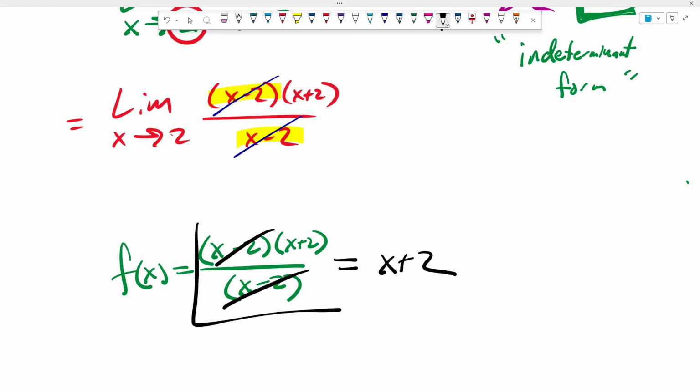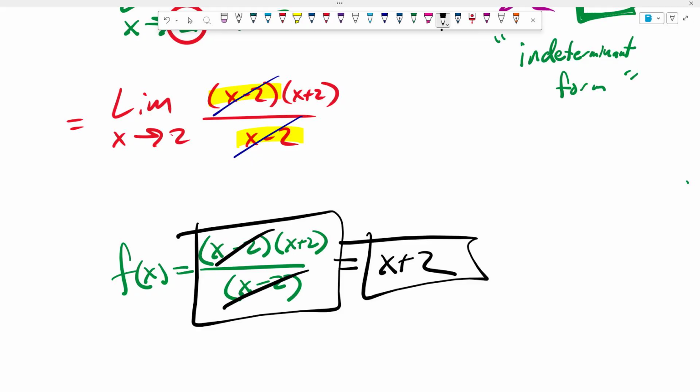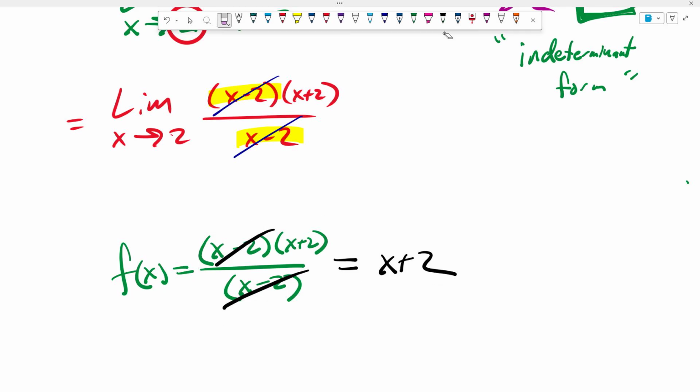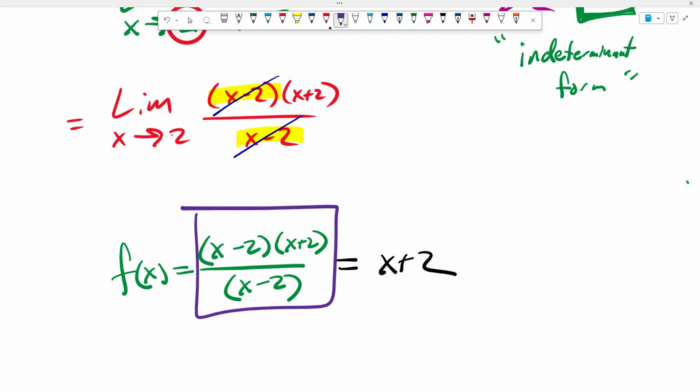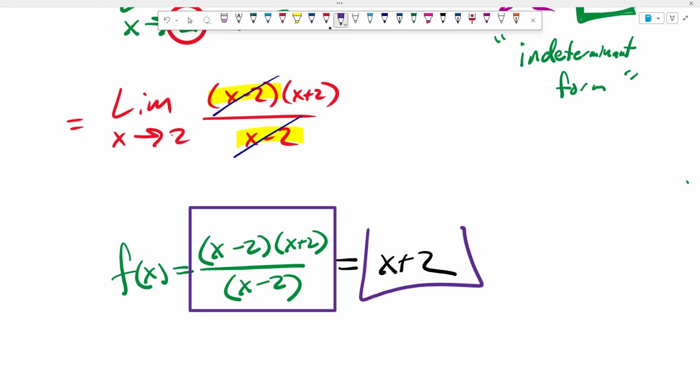Is this function the same as this function? Definitely not. Well, not way different. This function has a hole in it. This function does not have a hole. So if you're just given a rational function, you can't just simplify.